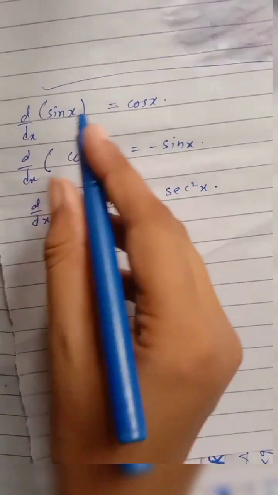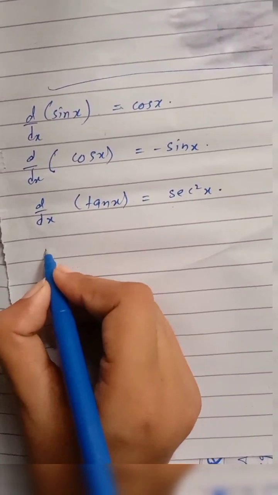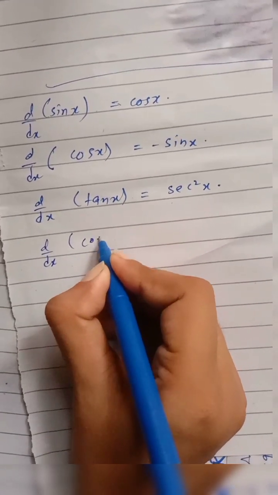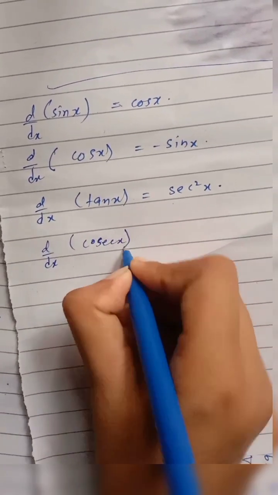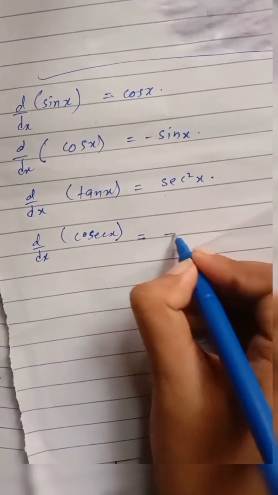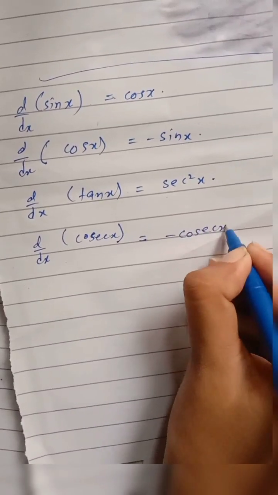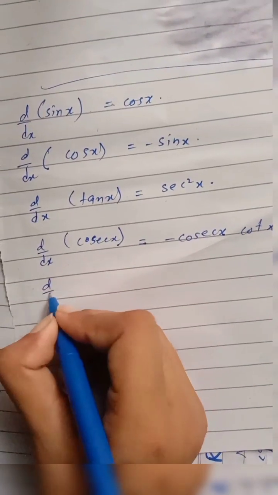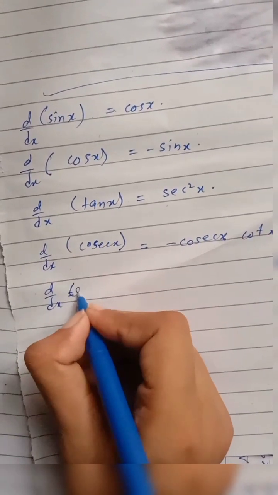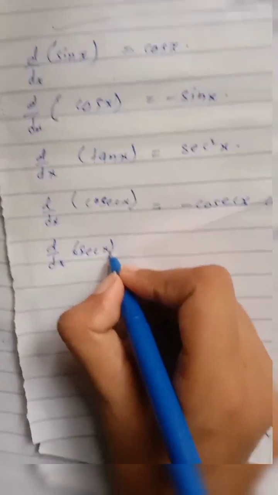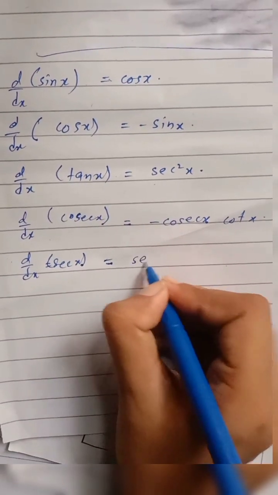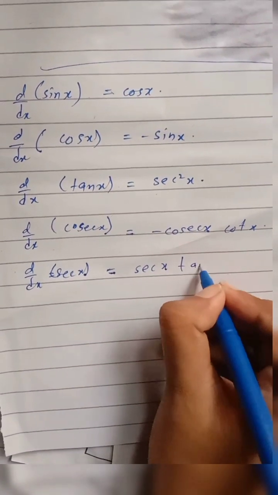Now their reciprocals' derivatives. The derivative of cosecant x is minus cosecant x cot x, and the derivative of secant x is secant x tan x.